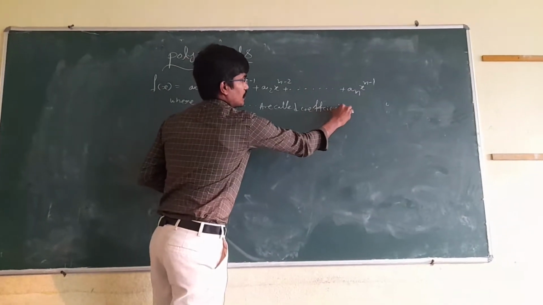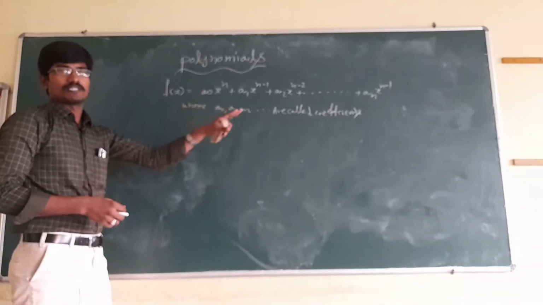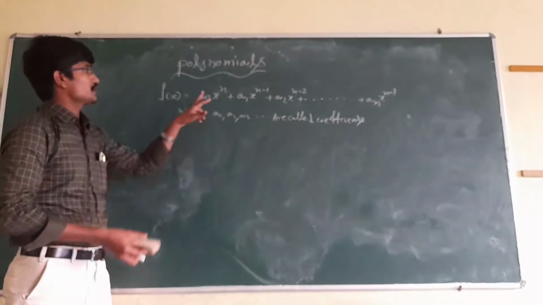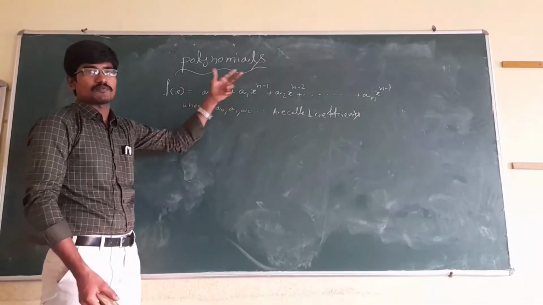Actually, the multiplication of the variable term is the coefficient. So here the x power n coefficient is a naught.